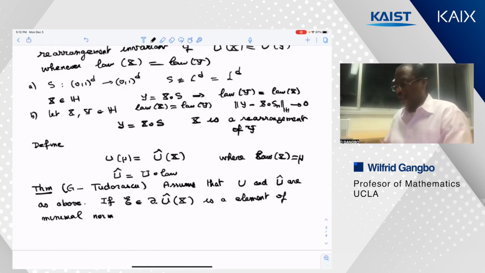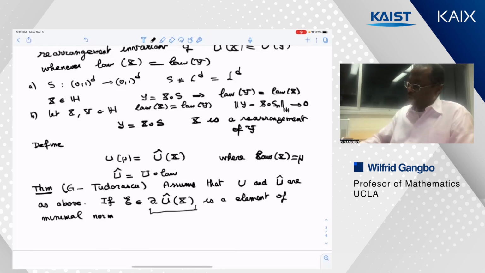so let me slow down here and explain what I am saying. One can show that this subdifferential is a convex set, which is closed. And so it has an element of minimal norm.